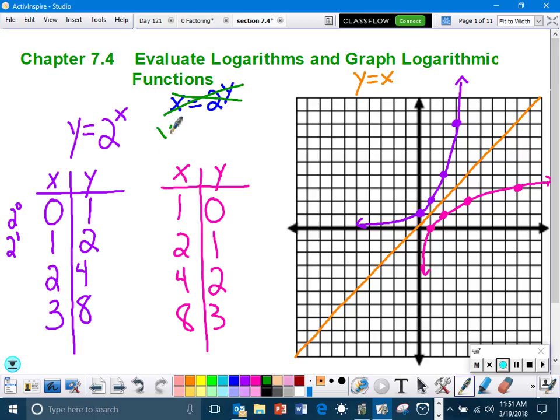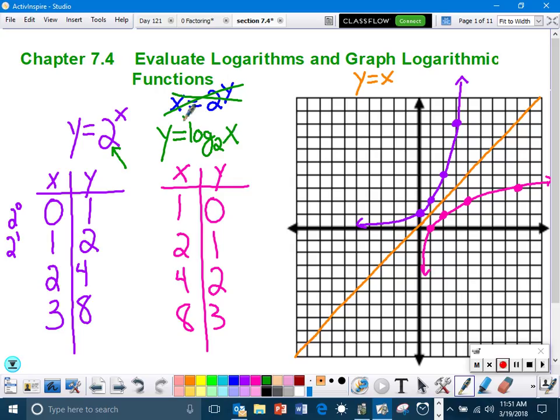It's going to be y equals, and now we're going to write log for logarithm, but we're going to abbreviate it log. The base is 2. Again, you can see here the base is 2. But when we write the 2, we write it small and a little bit down from the letter g. So that's base 2, and then the x is normal size like that.